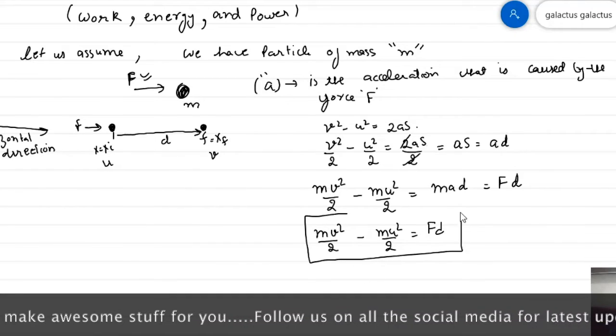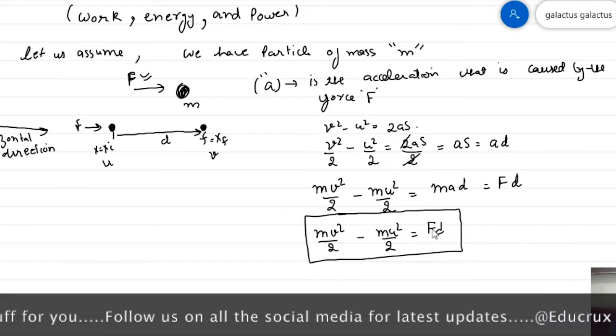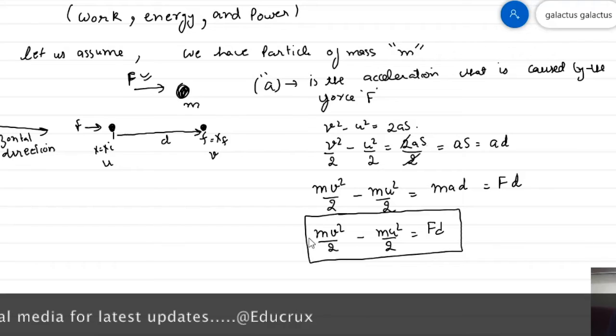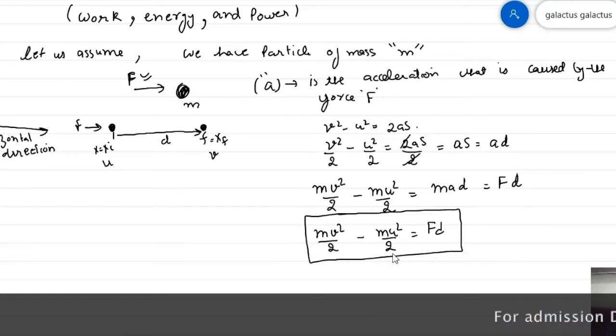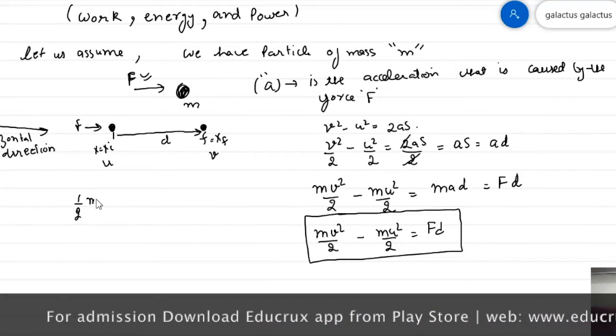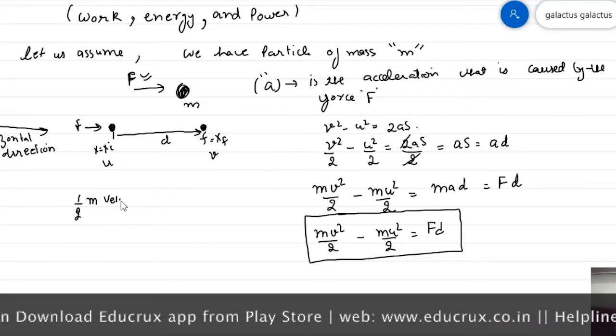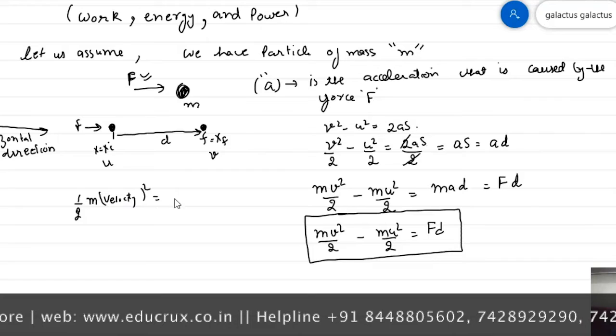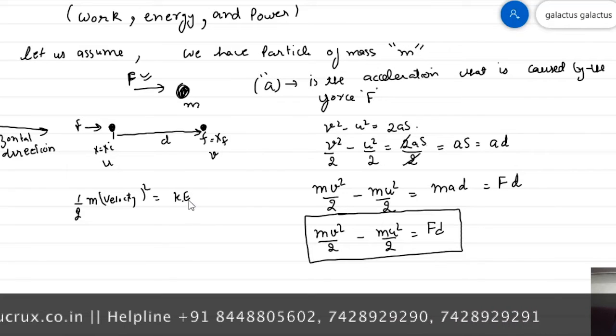So now we will understand what we have got from this result. We can see that these quantities, half m v square and half m u square, represent the kinetic energy. Half m v square is the kinetic energy of the system.